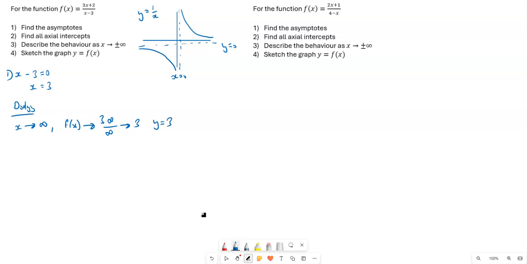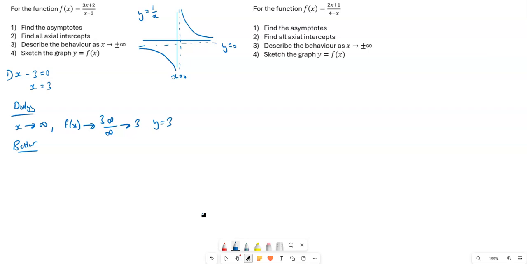Now, yes, that's not very nice at all. Let's do something better. We are often asked to express this thing in the form, let's say, a plus b over x minus 3. And the way we're going to do that, we don't need to do any kind of long division.